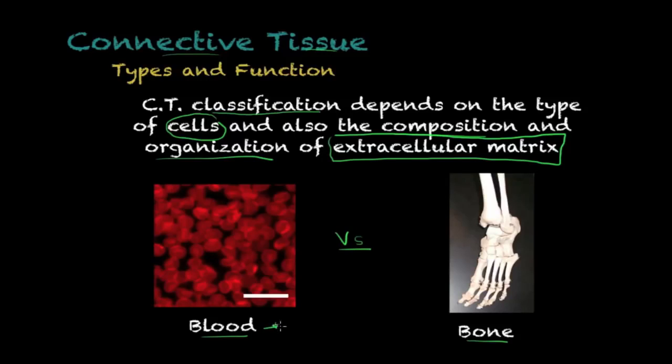In blood, it's going to be plasma. The cells are surrounded by plasma. And in bone, they are surrounded by collagen fibers, so collagen and calcium. So as you can see, these are the ways that we classify or subclassify other types of connective tissue found in your body.